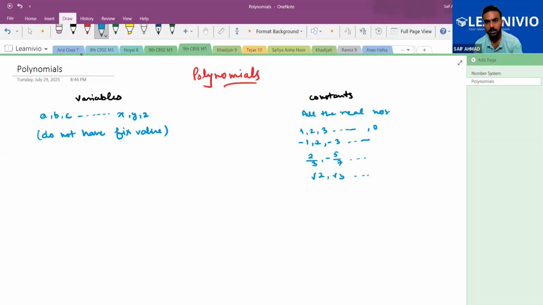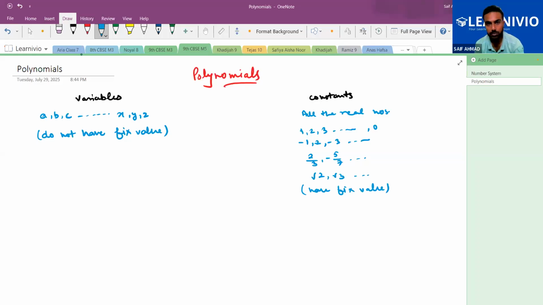These all are constants, and these values have fixed value. These values cannot be changed. Understood?